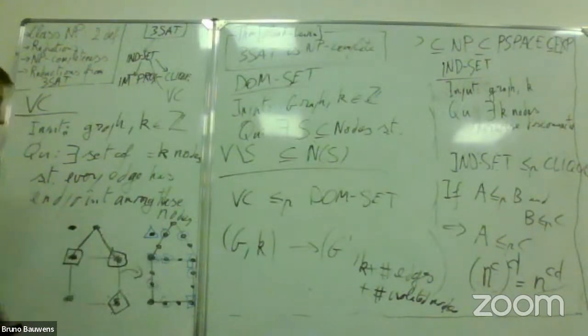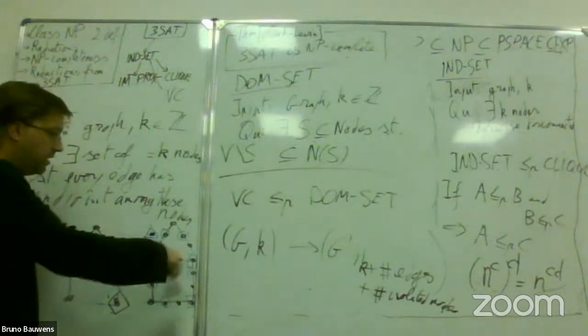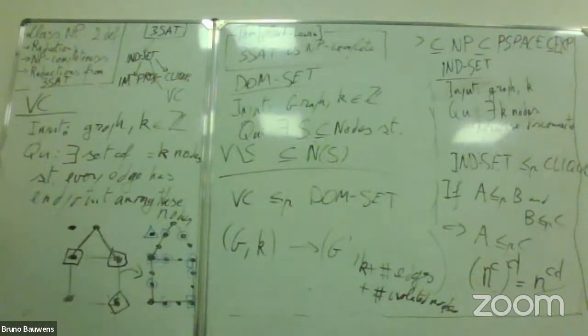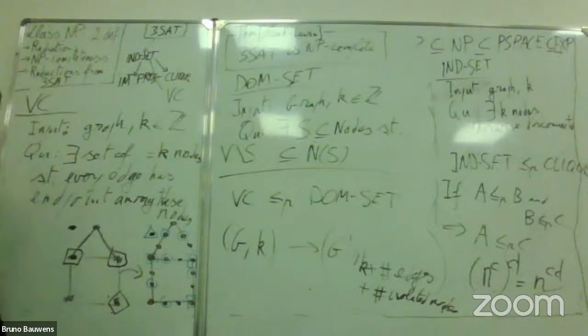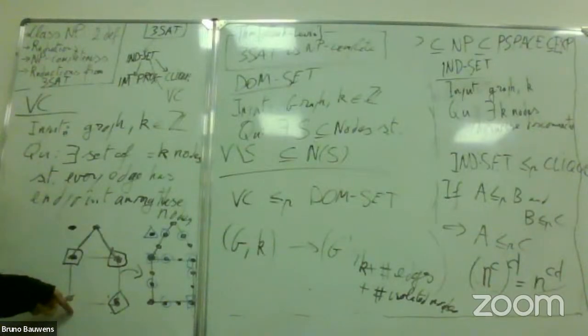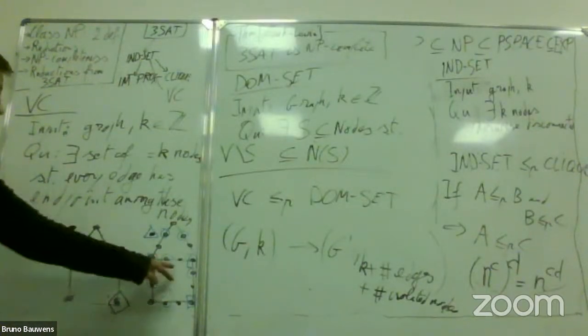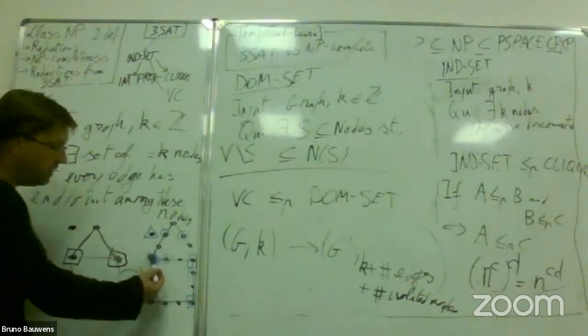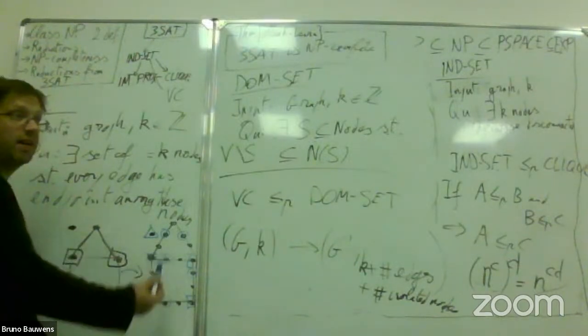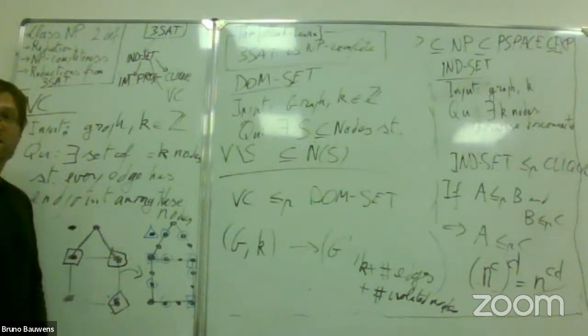Now vice versa, if we have a dominating set of this size, then we have a vertex cover. Note that here we are using a certain structure. In the dominating set, we can enforce this structure. What is the main structure here? On each edge, there are two internal nodes and at most one of them is selected.